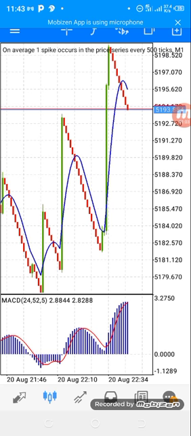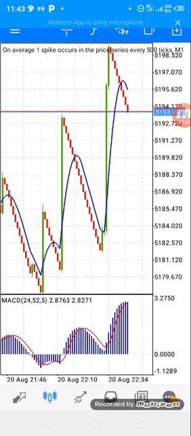But at the same time, if you stick with one indicator, with time you understand the pattern and how the indicator works. You can even understand the language of the indicator, and you understand the behavior of the indicator in relation to the price.